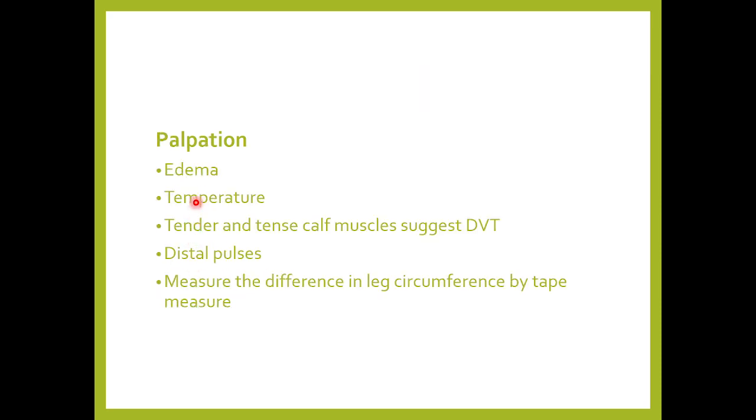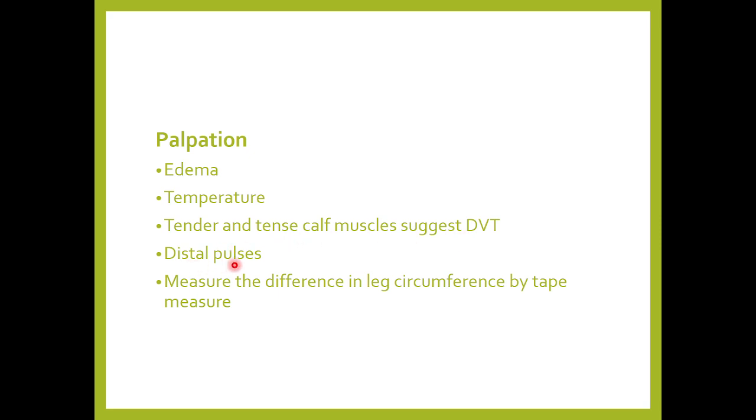Then by palpation, of course, you palpate both legs at the same time. You palpate for edema bilaterally. You palpate with the dorsum of your hand the temperature on both legs. You palpate the calf muscles, as tender and tense calf muscles suggest deep vein thrombosis.